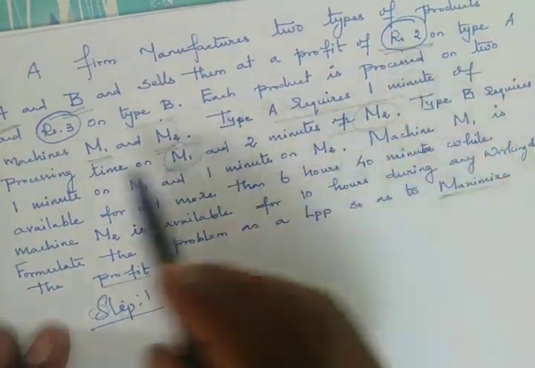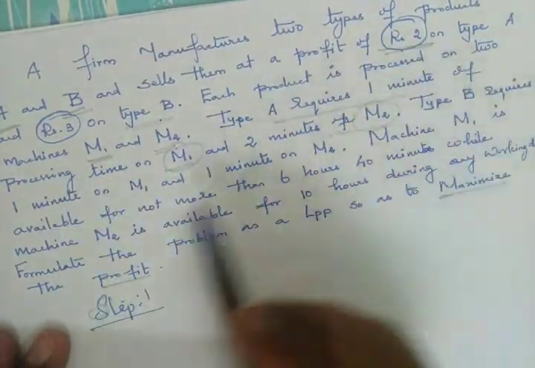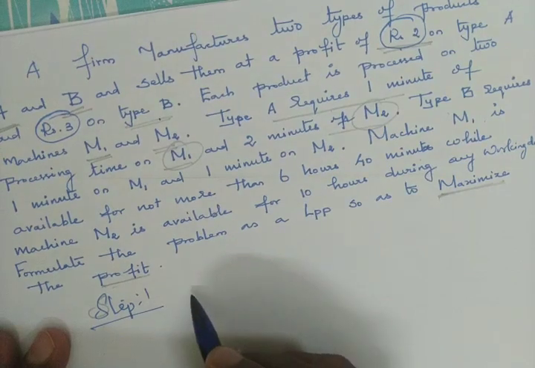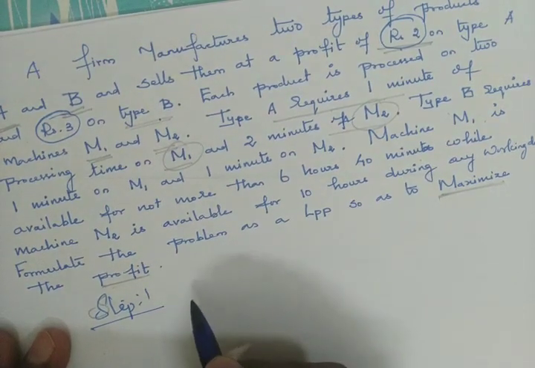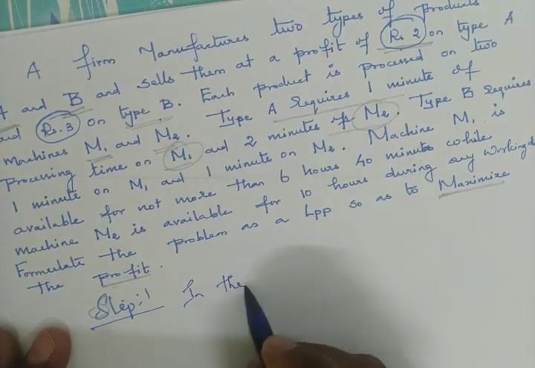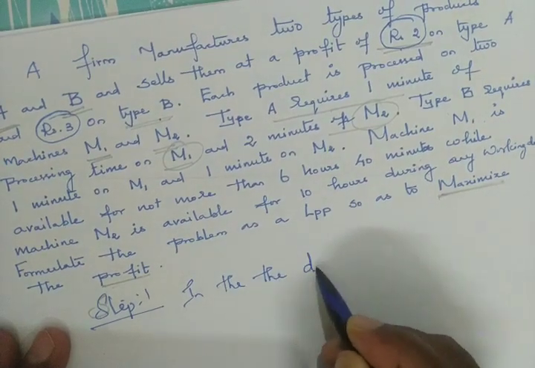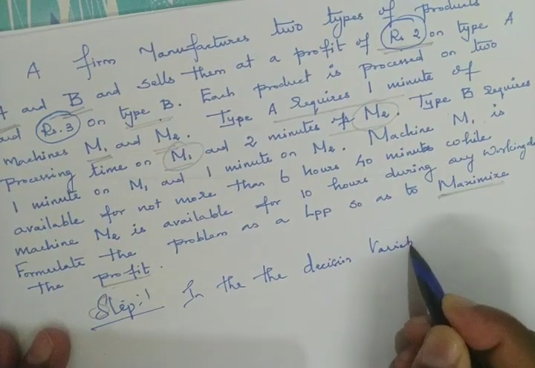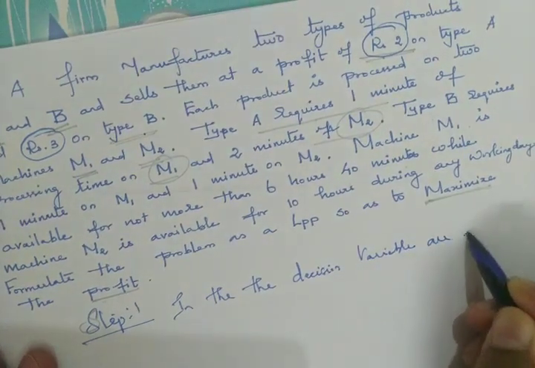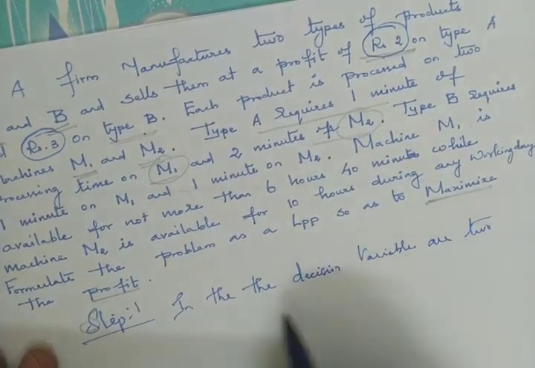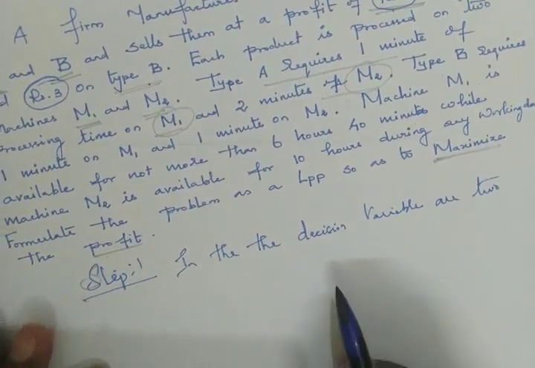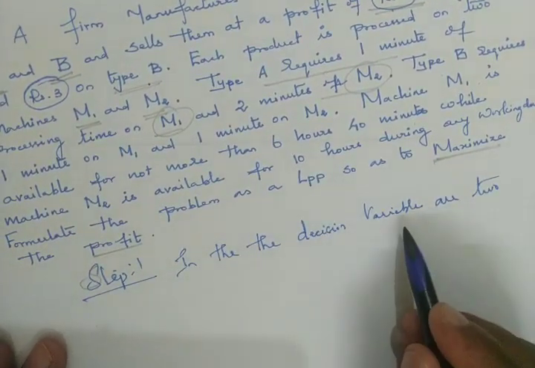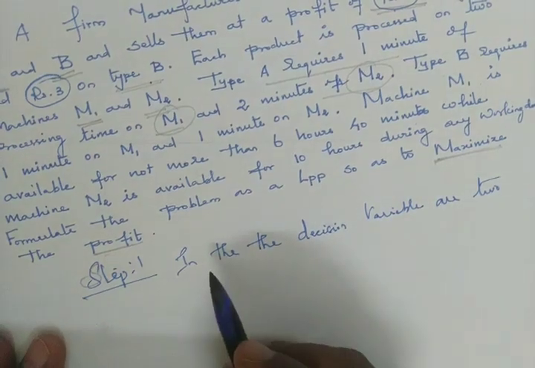Therefore, based on the prices of the two products A and B, you are going to consider 2 decision variables. In this problem, the decision variables are 2. So first we decide how many decision variables. I told you very clearly, after deciding the variables, you are going to assign the symbols.